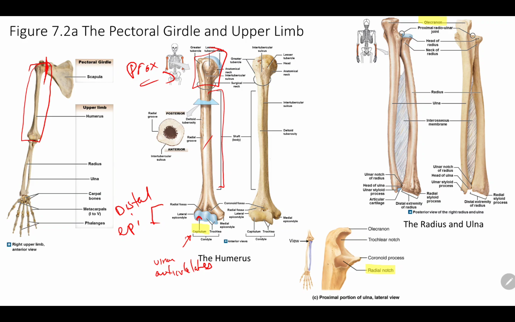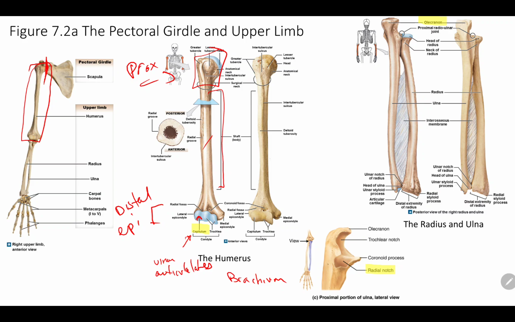Also, let's see what else. We want to also look at the other bones that are going to be in the upper limb too. So remember, the humerus is going to be in the brachium, in the arm.